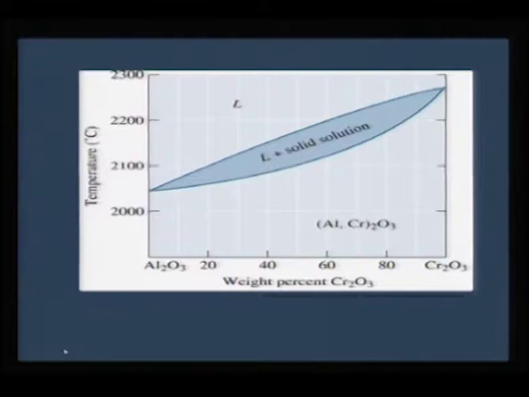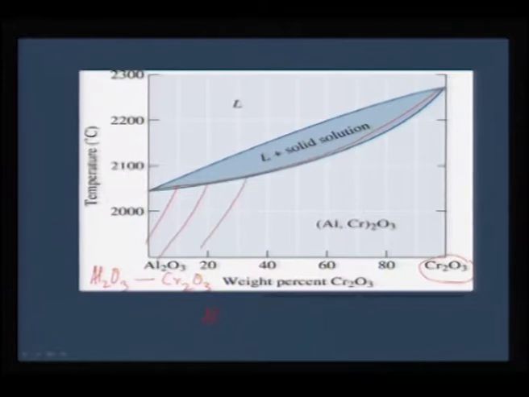If you take aluminum oxide, say Al2O3 and Cr2O3, these are good examples of corundum based oxides. I can dope chromium oxide to any level because it forms a liquidous phase plus solid solution only around this region.